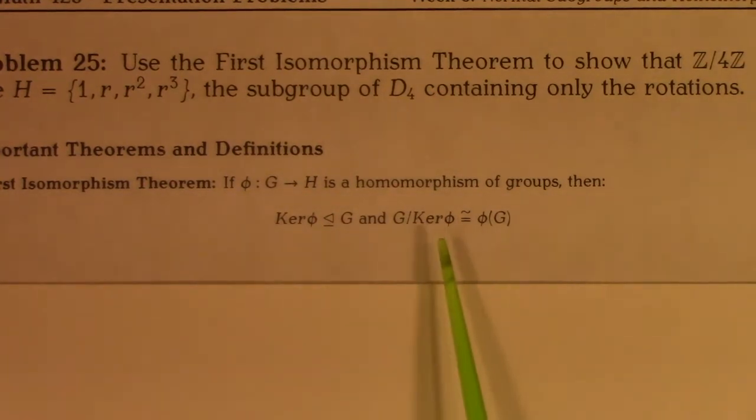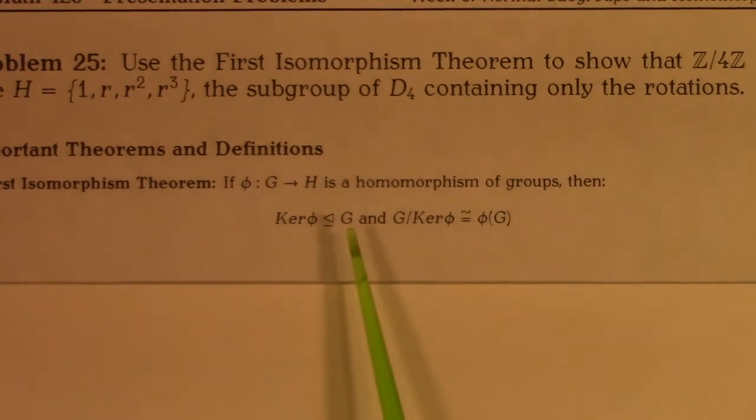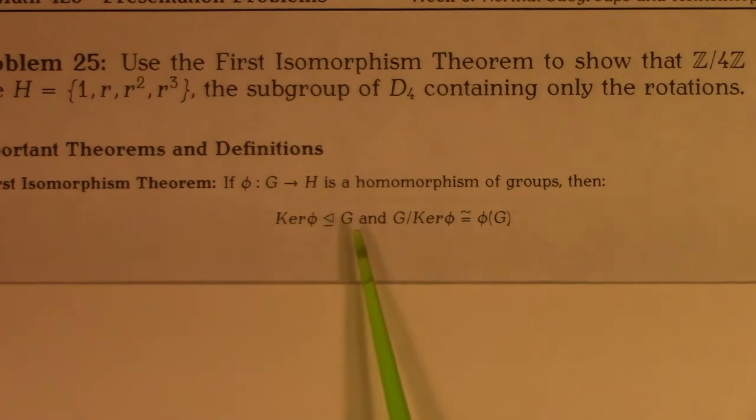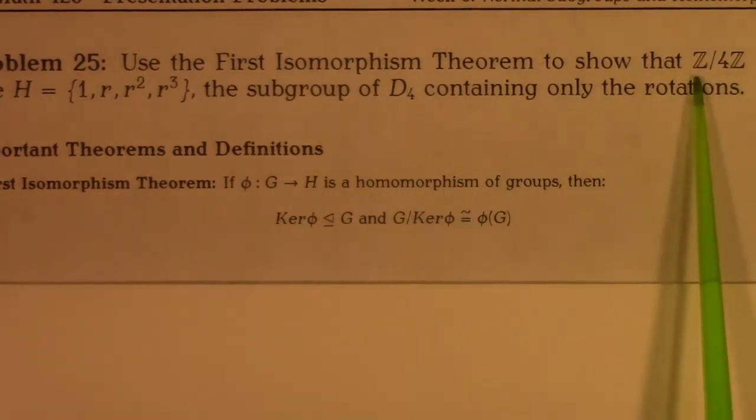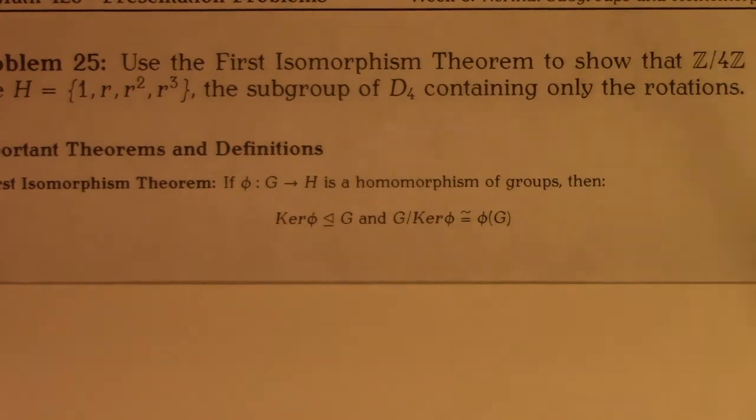Not just that, the kernel is also a normal subgroup, but that doesn't impact us much here, because we're working with the integers, an abelian group, and every subgroup of an abelian group is normal. But anyway, let's get to it.